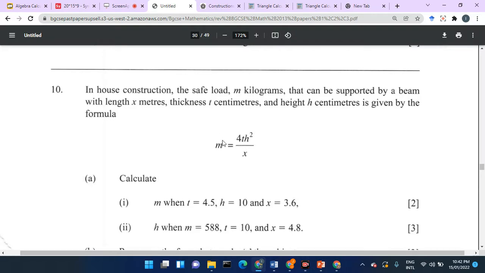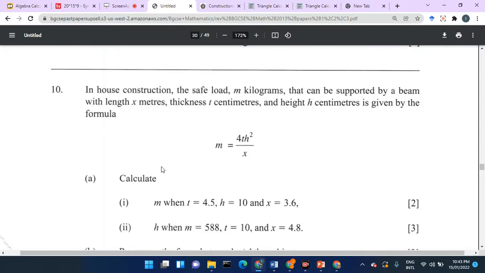X is the length. T is the thickness, measured in centimeters. H is the height, measured in centimeters.